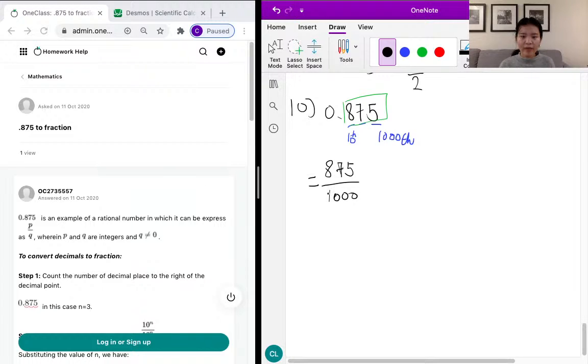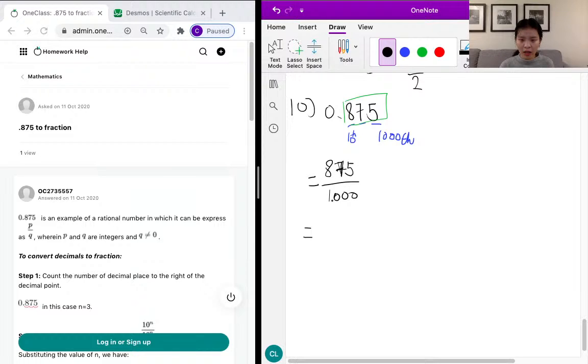We can leave our answer like that, but usually we want to simplify the fraction. So right over here, we want to simplify 875 over 1,000, or reduce this fraction into its simplest form. How do we simplify fractions? We find a common factor of the numerator, the top number, and the denominator, the bottom number.